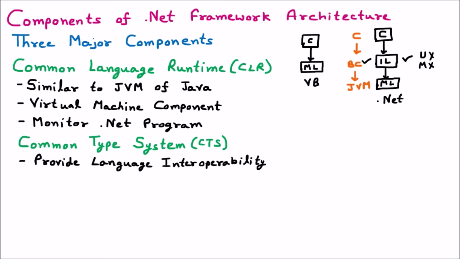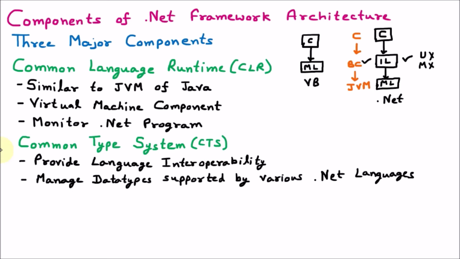Let's say if you are declaring an integer, then this integer which is declared in VB.NET should be compatible with the integer of, let's say, J#.NET. Only then the code of VB.NET can run in C#.NET or J#.NET. So this way the languages become interoperable because their common types are available. It is going to manage the data types which are supported by various .NET programming languages.